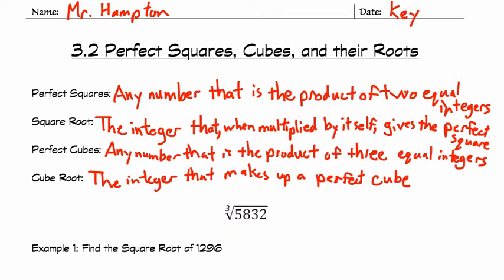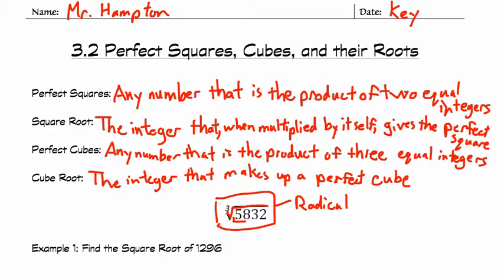Now down here, this entire term is called a radical. This sign here in the middle, this squiggly V with a big line, is called the radical sign. So when you see the radical sign, you know it is a radical.